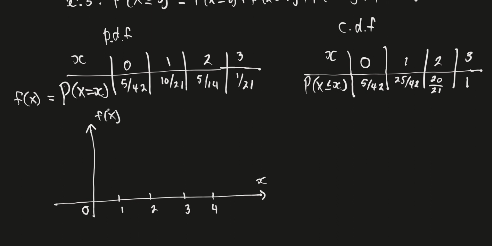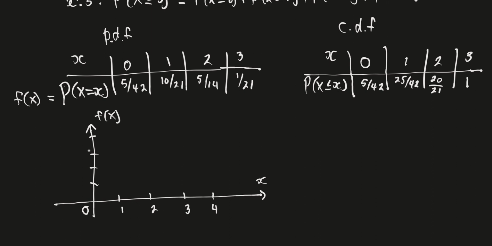Little f of x is a very commonly used notation for the PDF. And then, how do we graph this? There's no equation, there's no x squared or sine. Well, one way to do it is to have your probabilities reflected on the vertical axis.